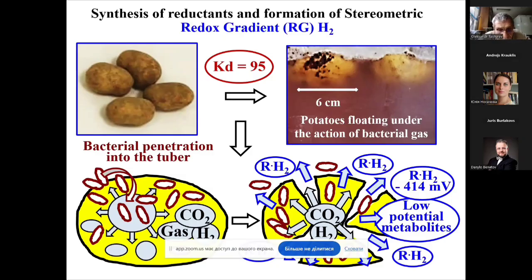reductants. And on the right side, down picture, you can see the fast spreading of redox compounds. They are marked as RH2, meaning the reductive compounds, out of the potato.